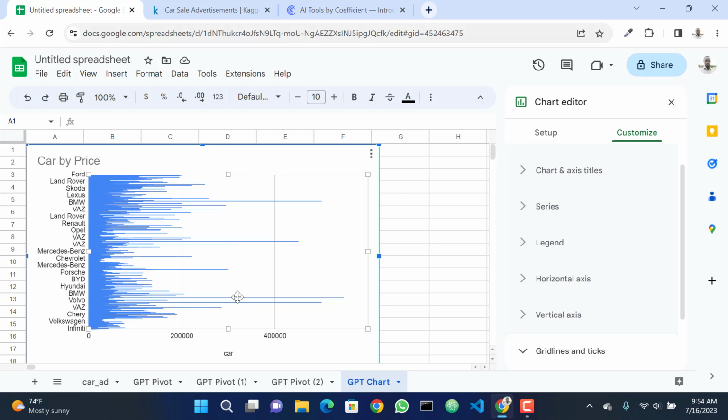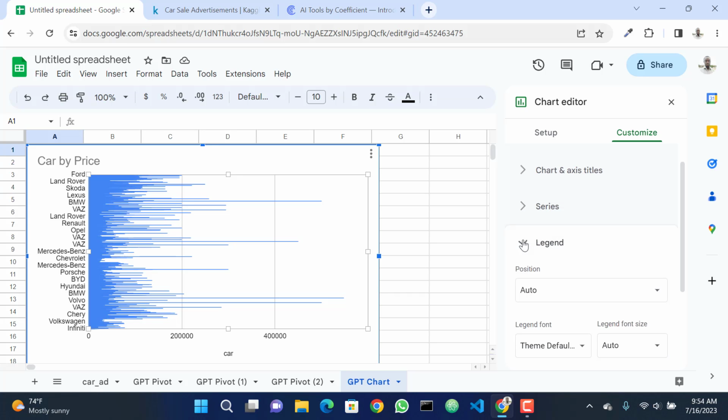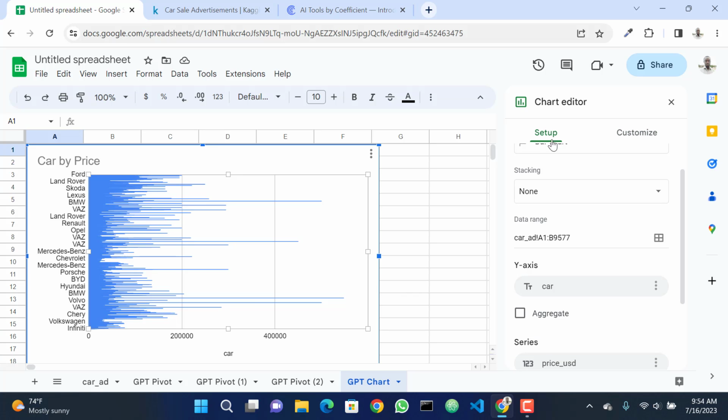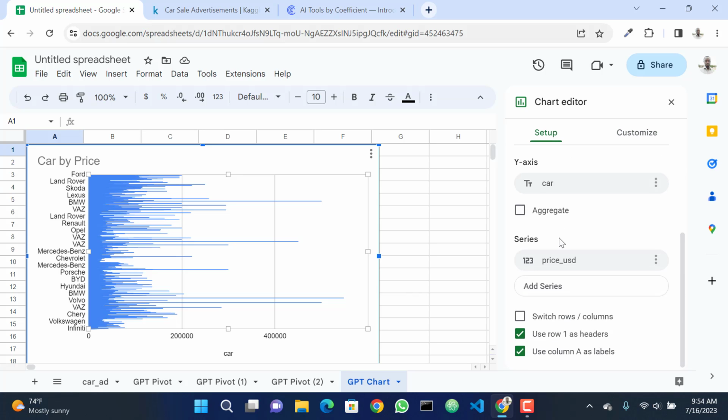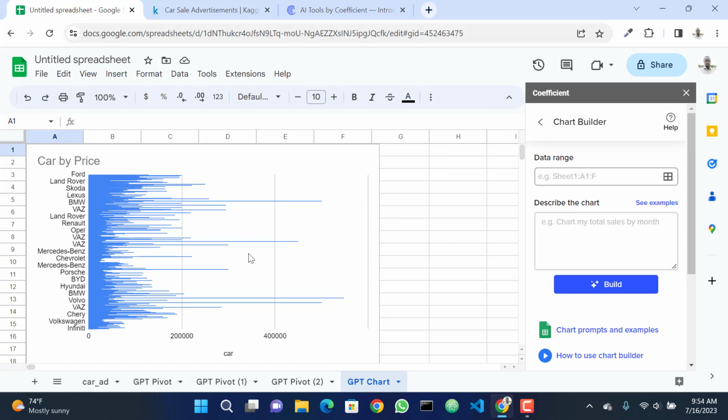So you can see we can actually customize the chart, the legend, change the color if you want. If you're not okay with the chart, you can also switch the header, the column. So the beauty of it is not just the fact that you can use it, but also that you can edit whatever chart or results are given to you.